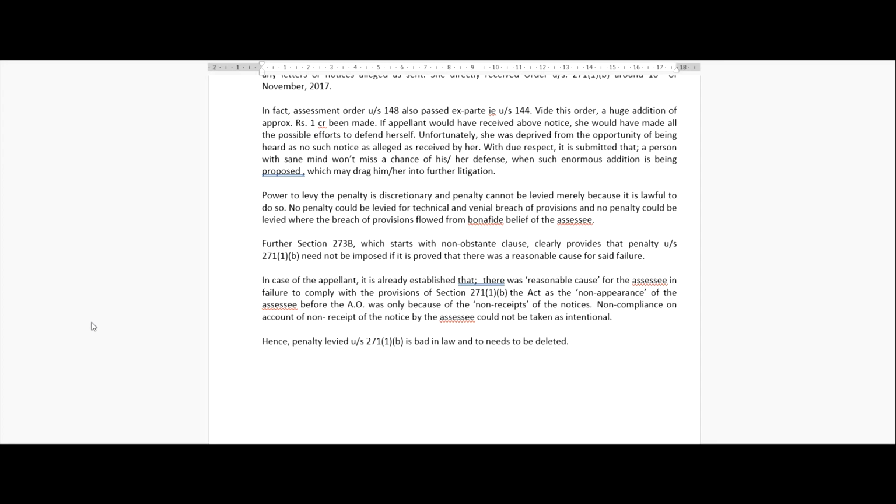under section 273(b). So now let's see what 273(b) says. Penalty not to be imposed in certain cases. So basically 273(b) grants immunity from levying penalty in certain cases, notwithstanding anything contained in provision of clause (b) of subsection 1 of section 271, that is the subject matter of this appeal.